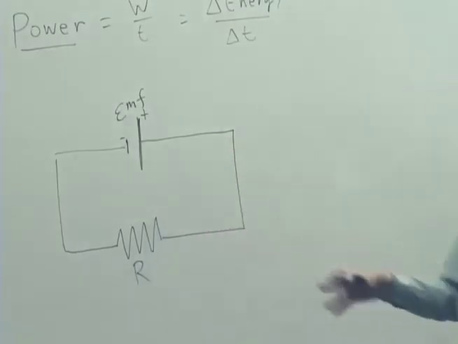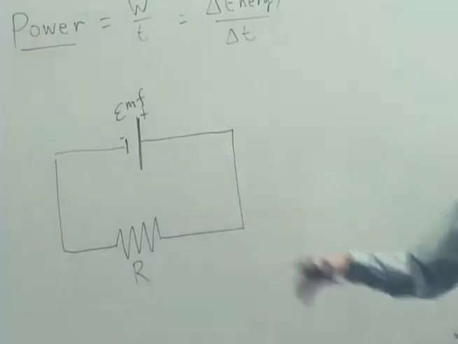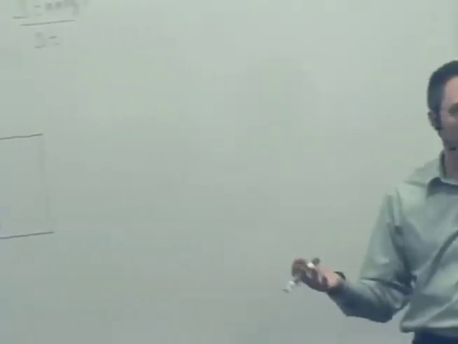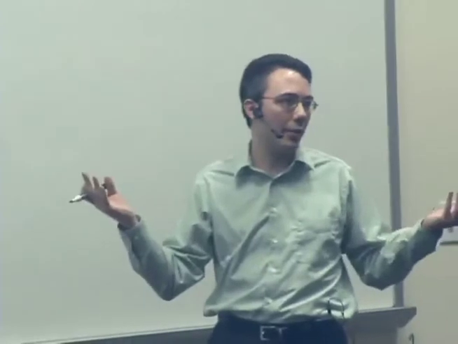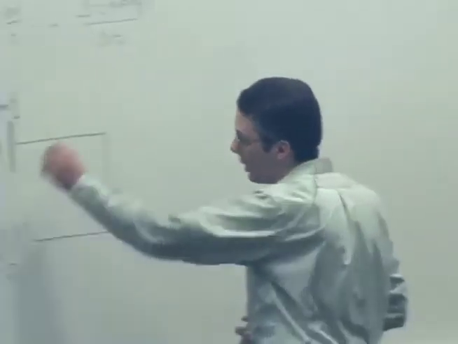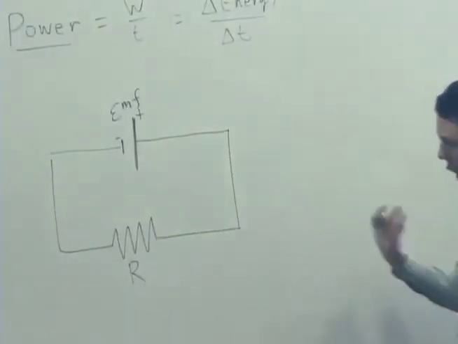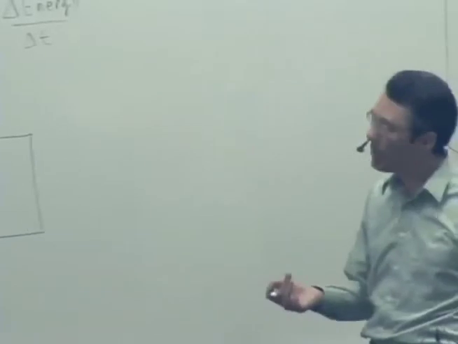In the steady state, the amount of energy being delivered by the battery per unit time is the same amount that's being dissipated away as thermal energy. The light bulb gets hot, and it gives off thermal energy. So in the steady state, the amount of energy in is equal to the amount of energy out per unit time. So we can talk about the amount of power delivered.